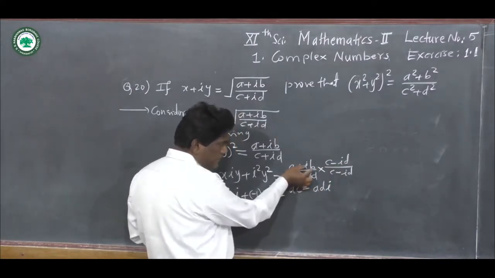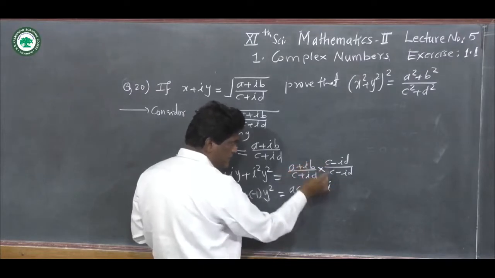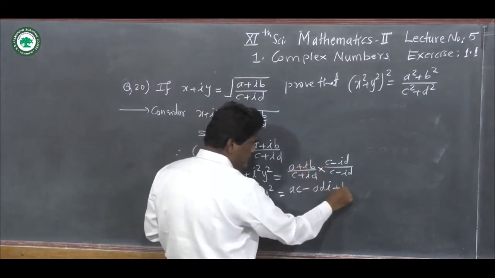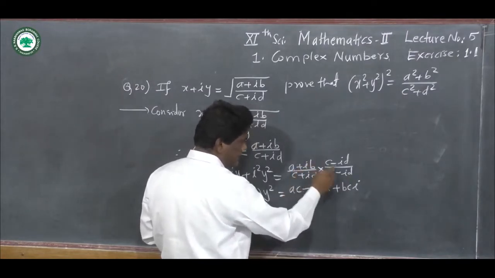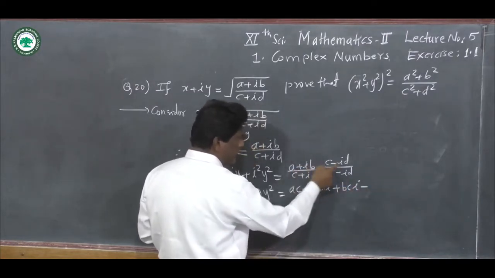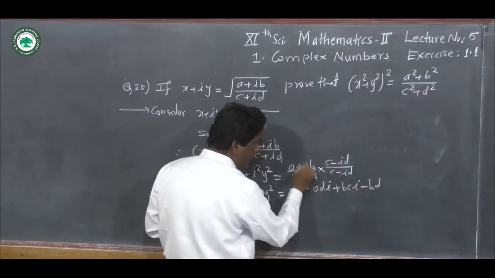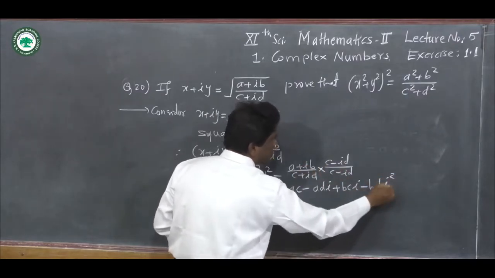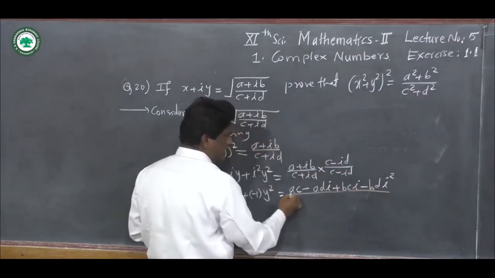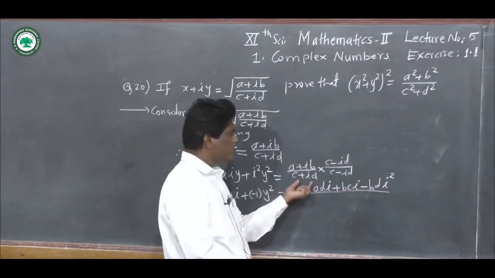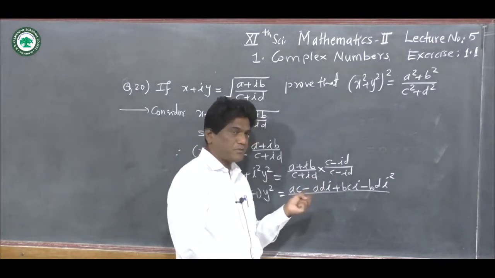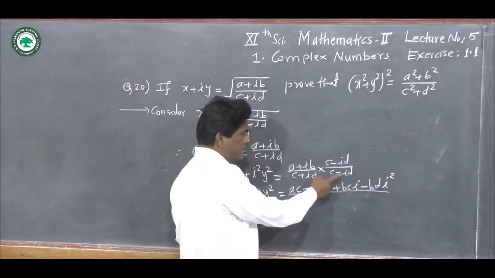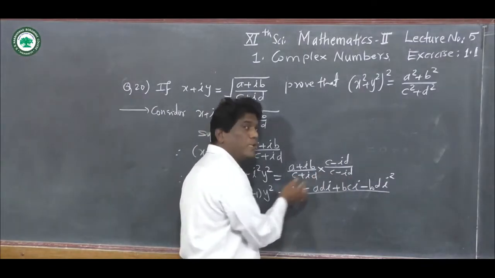Then multiply by ib, so ib into c, plus bc into i, then plus and minus, so minus b into d, that is bd, i into i, that is i², and divided by, in the denominator we take the product of this and this, both are conjugates of each other, so here plus sign, here minus sign, so (a + b)(a − b).